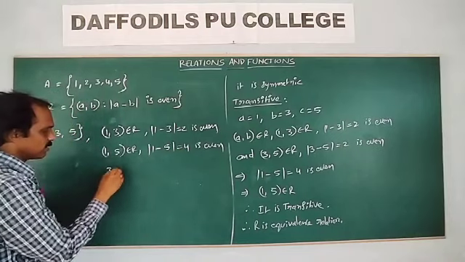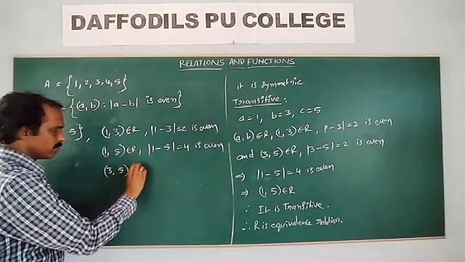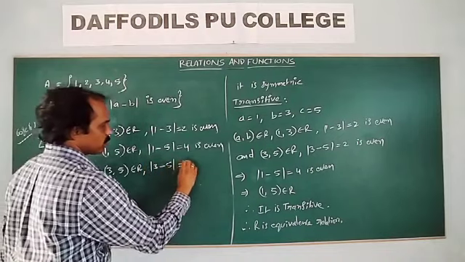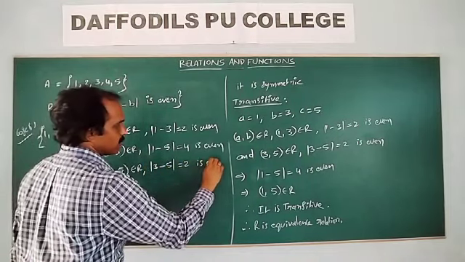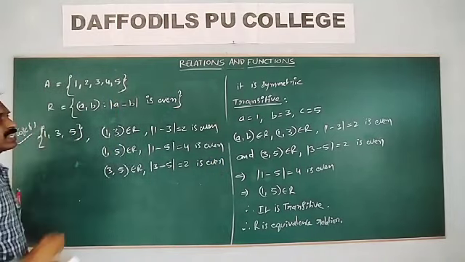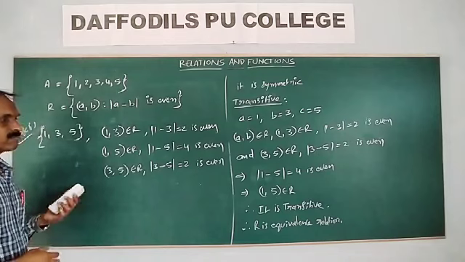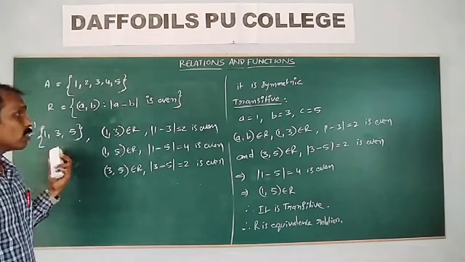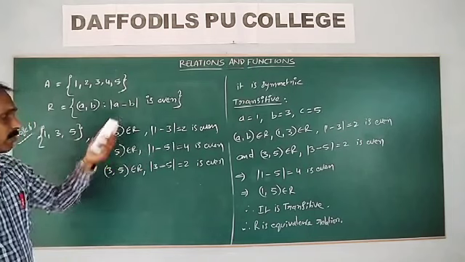Next, (3, 5) belongs to R, 3 minus 5 is equal to 2, which is even. Satisfied. So each element is related. These 1, 3, 5 are the odd numbers, so for odd numbers the given relation is satisfied.